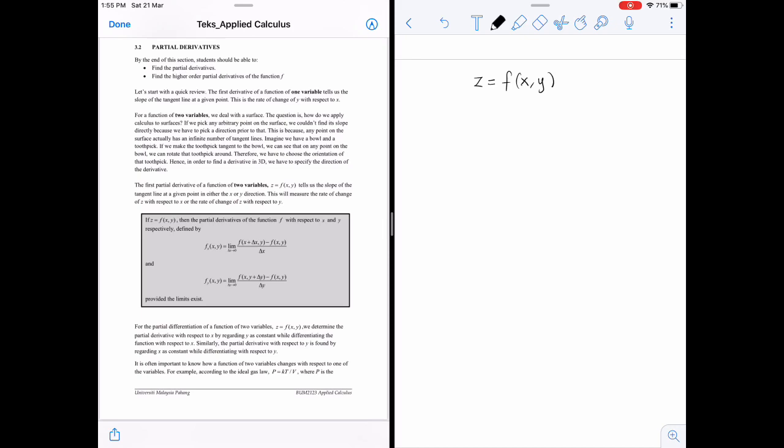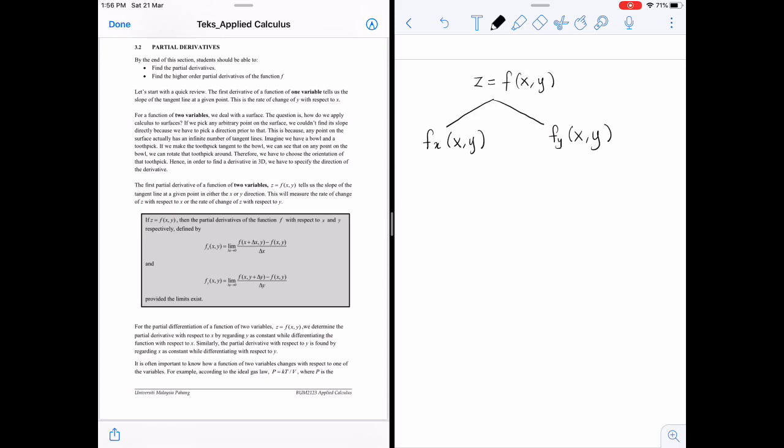When we differentiate f with respect to x, we have a partial derivative with respect to x for a function with variables x and y, where we consider y as a constant. And when we differentiate f with respect to y, we have a partial derivative of f with respect to y, and we consider x as a constant.